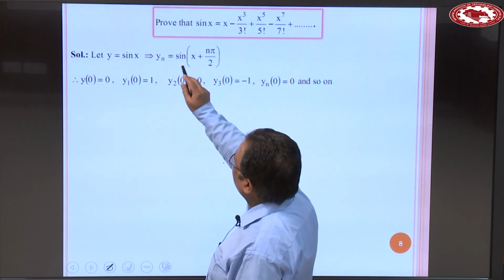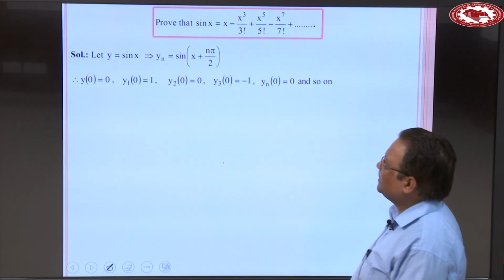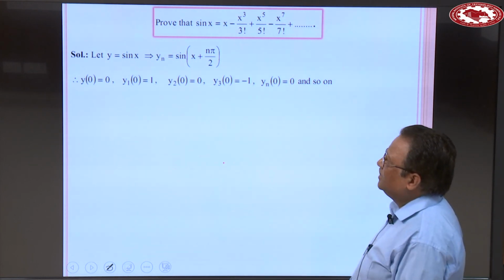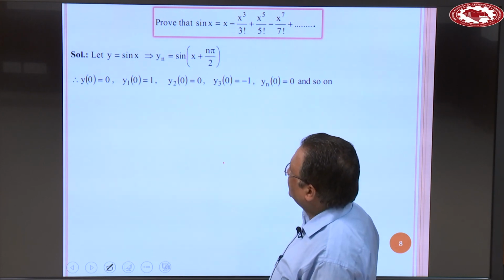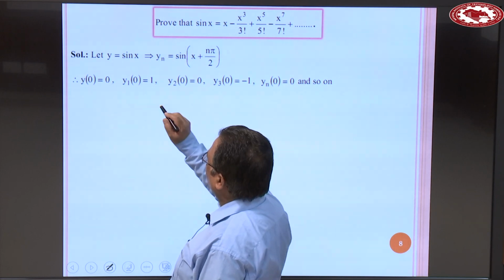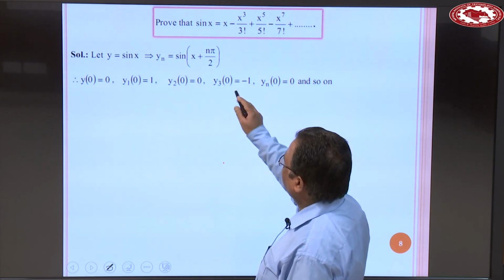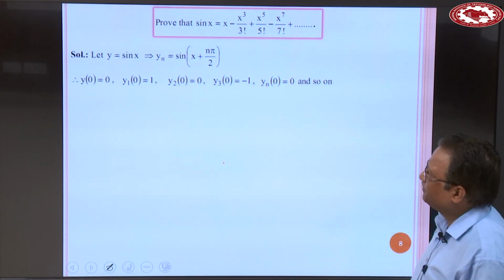So yn is equal to sin of x plus n pi over 2. So substitute x equal to 0, we obtain y0 is 0, y1 0 is 1, y2 0 is 0, y3 0 is minus 1, yn 0 is 0 and so on.